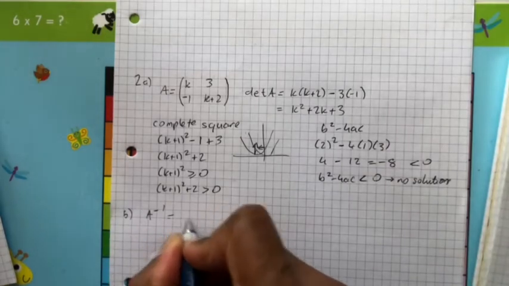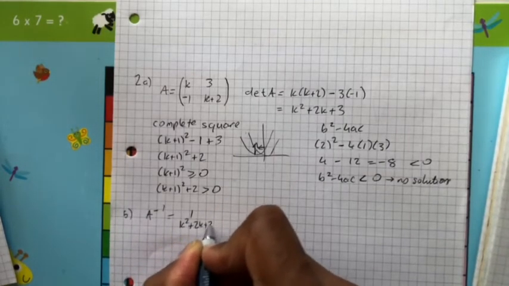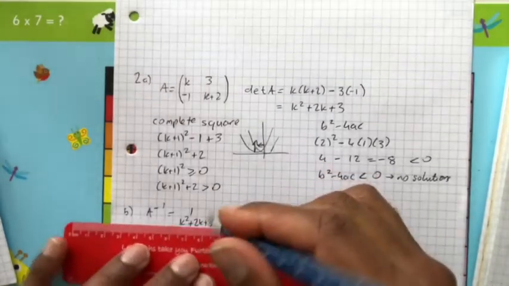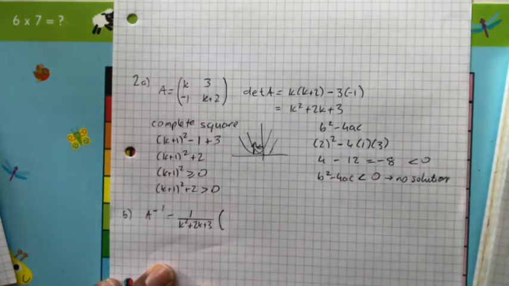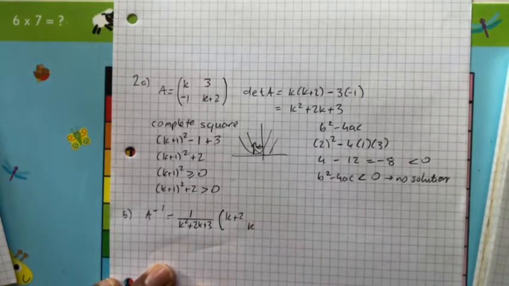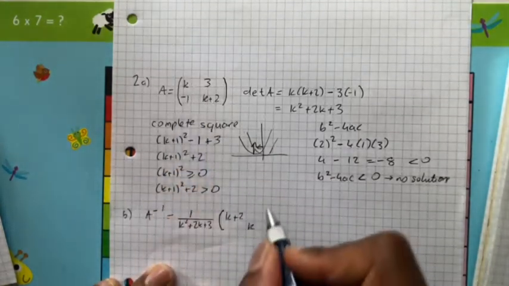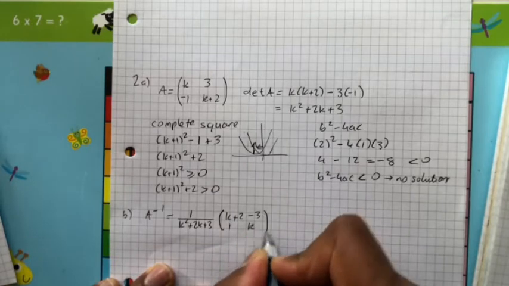So that will give us 1 over k squared plus 2k plus 3, which is the determinant. And so we'll switch our two entries, those two, and then change the signs of those.